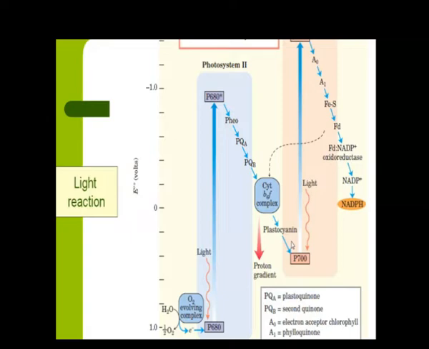Now you will ask, P680 is also deficient in electrons. Where does it get its electrons from? Splitting of water molecules. Water is split into H plus, 4 electrons, and oxygen is given out. Those 4 electrons neutralize your P680.